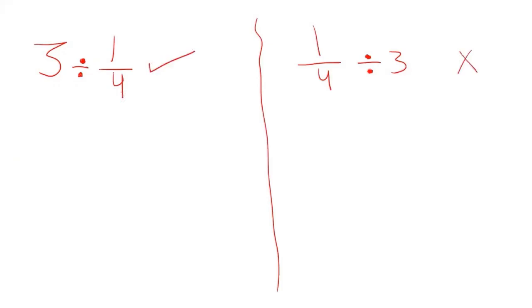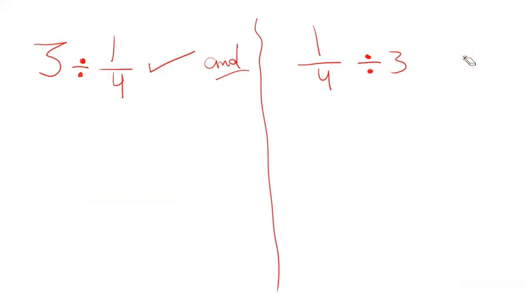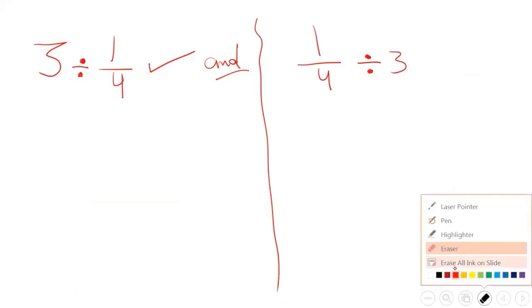This one is incorrect because it is a fraction divided by a whole number. But the title of the lesson says "and". It is no problem to find the question starting with the fraction or starting with the whole number because it says "and". Anyway, we are going to use the KCF method, if you remember.